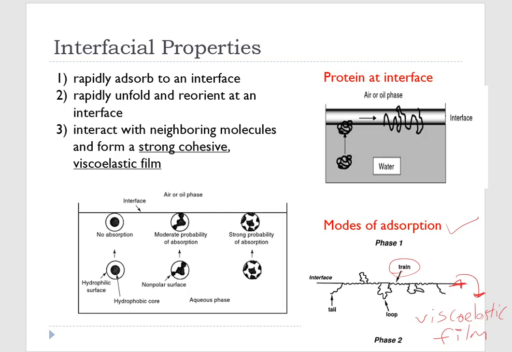So surface hydrophobicity is important in protein adsorption at the interface. Here you see protein in solution unfold and reorient at the interface. Then it adsorbs at the interface and forms a viscoelastic film. So desirable surface active proteins have three attributes here.